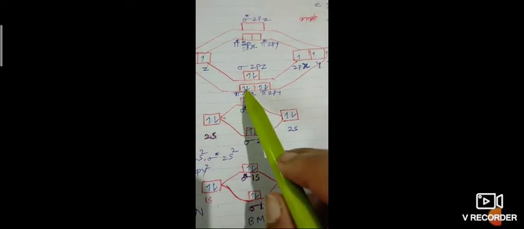Sigma 2pz comes after sigma star 2s. Next pi 2px, pi 2py, pi star 2px, pi star 2py. So pi star 2px contains 1, pi star 2py contains 1. So the bond order is 6 minus 2 by 2, which is 2. So oxygen has bond order 2. It fills in such a way.